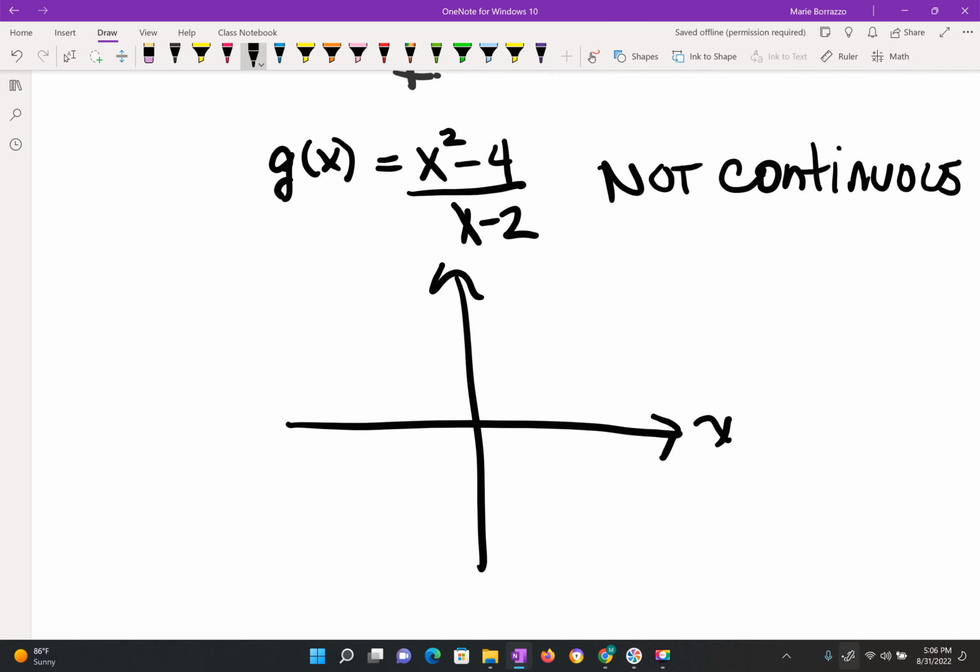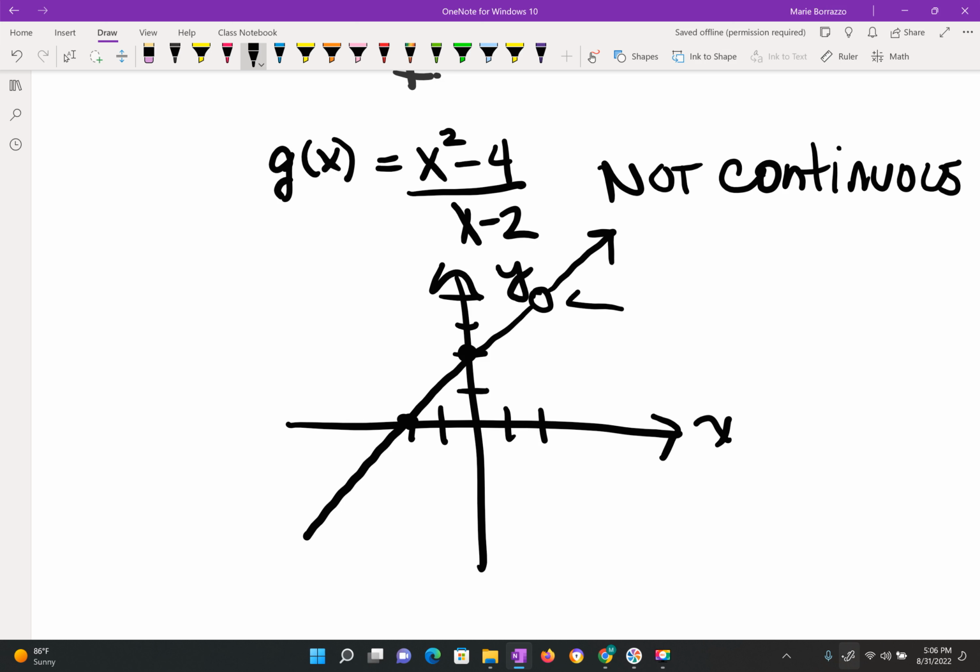So here's x, here's y. And again, I'm still going to go through 2 at some point. But when x is equal to 2, what you will notice is I will have an open circle here, and it'll continue otherwise. So discontinuous. Coyote falling in the hole.